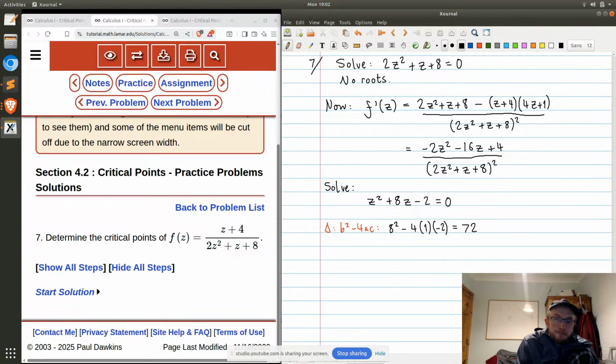But, you know, they're not the best. So z is equal to minus 8 plus or minus root 72 all over 2. Root 72, well, that's root 9.